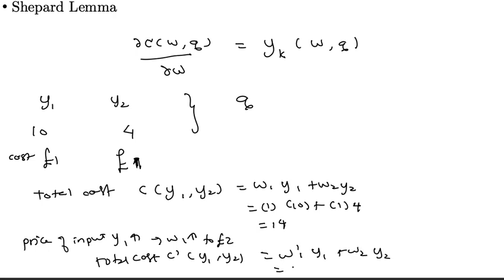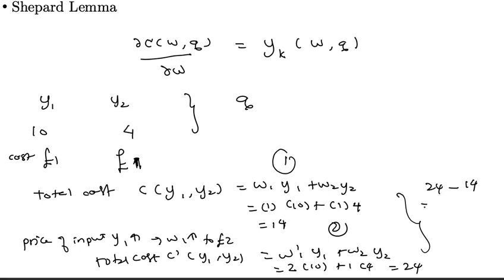In this case it becomes 2 quid instead of 1 times 10 plus 1 times 4. What do you get here? 24. Now look at the difference between these two costs. This is cost number 1, this is cost number 2. The difference is 24 minus 14, and this 24 minus 14 is equivalent to 10.